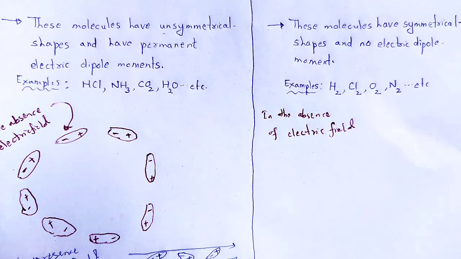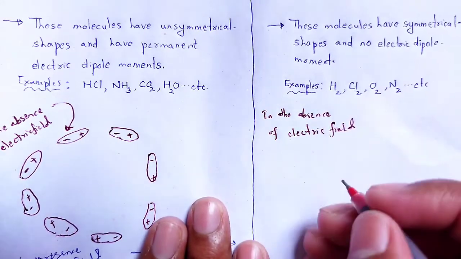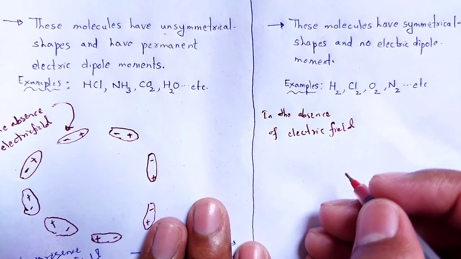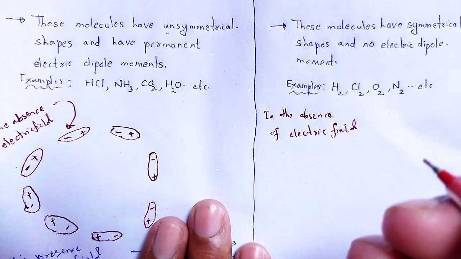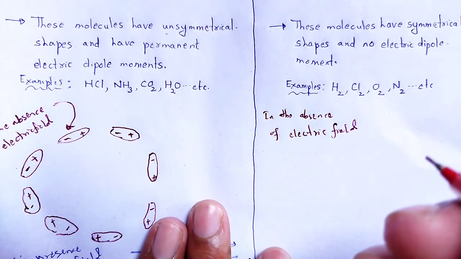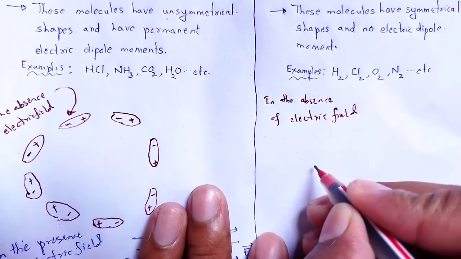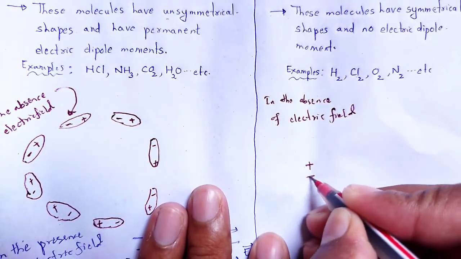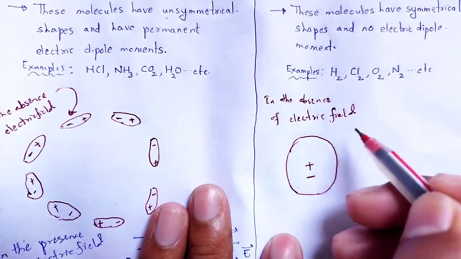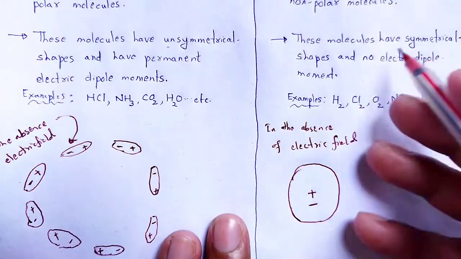That situation arises when we apply an electric field to non-polar molecules. But in the absence of an electric field, the positive and negative charges coincide, since it has no electric dipole moment.